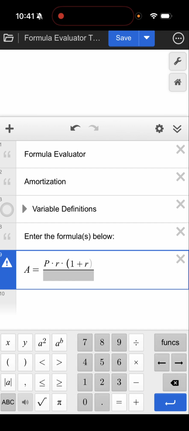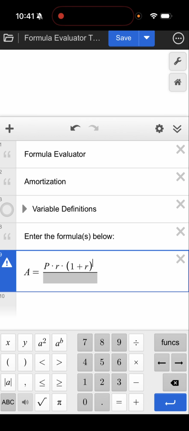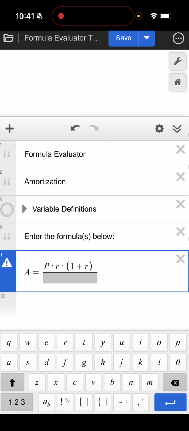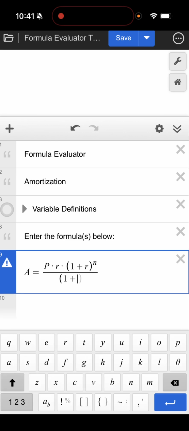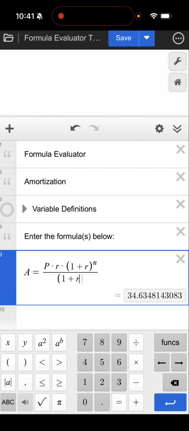A little faster on a computer keyboard than it is on the phone keyboard. Now, to make an exponent, if it's not squared, you use the little a raised to the b power key, and it'll move you up there so you can put your exponent in. So I'm going to type the letter n up there in the exponent. Then I'll tap in the bottom, and I'll put the denominator in. The denominator is the quantity 1 plus r, raised to the n.